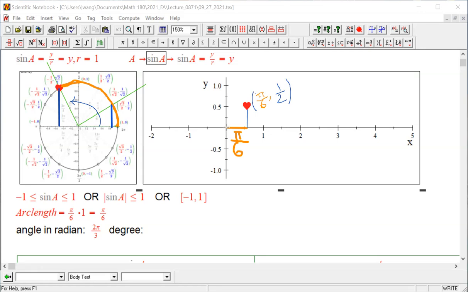Can you type that on the chat so everybody can see? Farouz, can you type that number? Oh, 2.094. Okay.